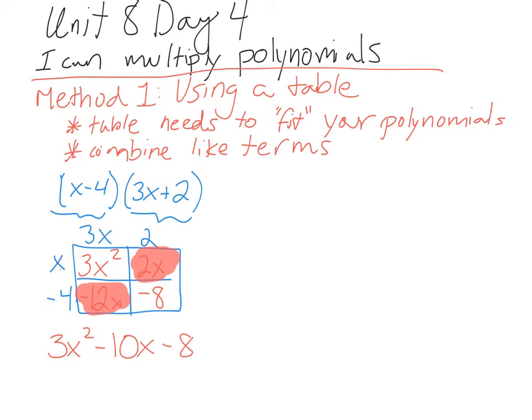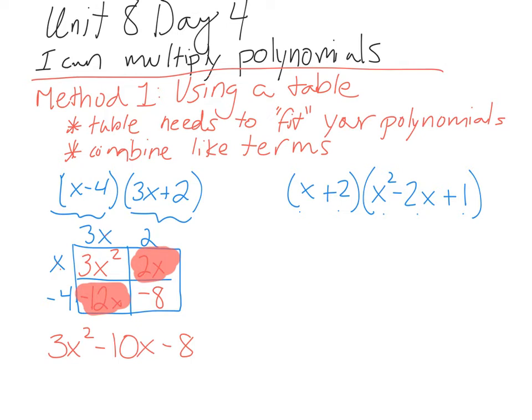Let's look at a problem that's slightly more complicated. Let's look at x plus 2 times x squared minus 2x plus 1. Hopefully you're saying to yourself, I see there's 2 terms here and 1, 2, 3 terms there.